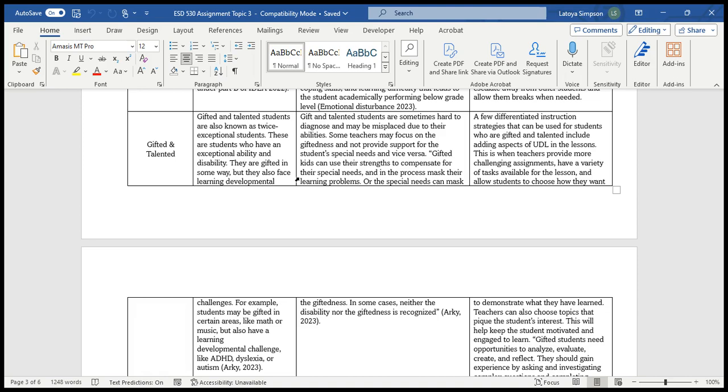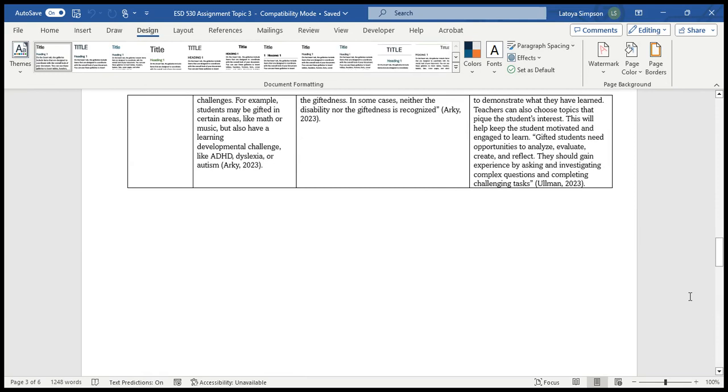Teachers can also choose topics that pique the student's interest. This will help keep the student motivated and engaged to learn. Gifted students need opportunities to analyze, evaluate, create, and reflect. They should gain experience by asking and investigating complex questions and completing challenging tasks.